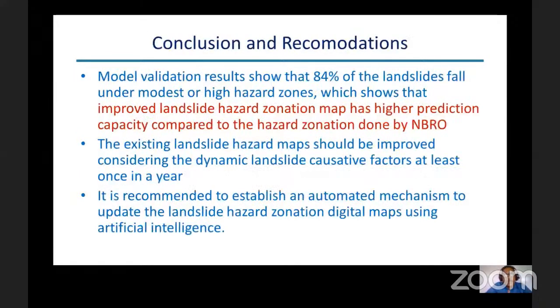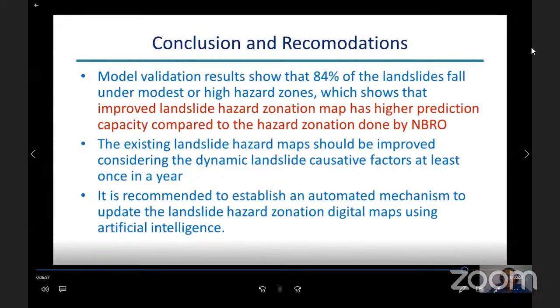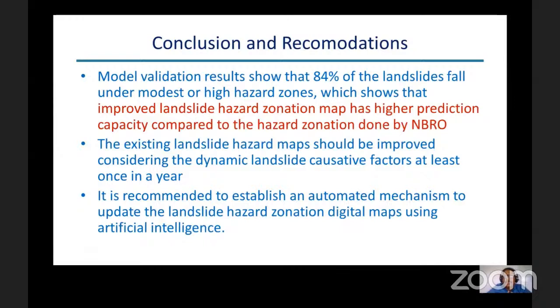Therefore, under this observation, we can conclude that this model shows 80% accuracy in determining landslide occurrence in Ratnapura district. Then we see that the existing landslide hazard maps should be improved, considering the dynamic landslide causative factors, at least once a year.